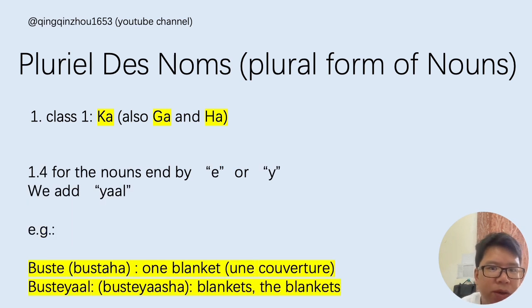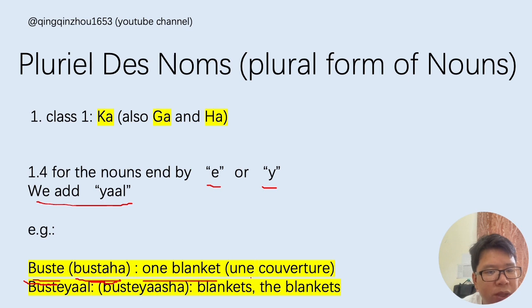The fourth type, the nouns ended by e and y, we add yaal. Buste, bustaha. 1 blanket, the blanket.